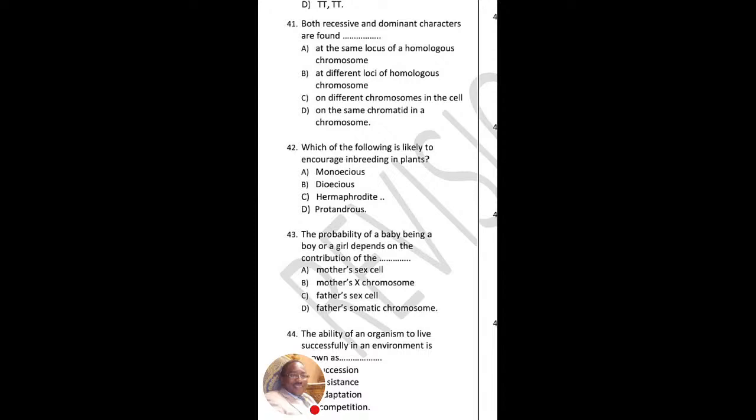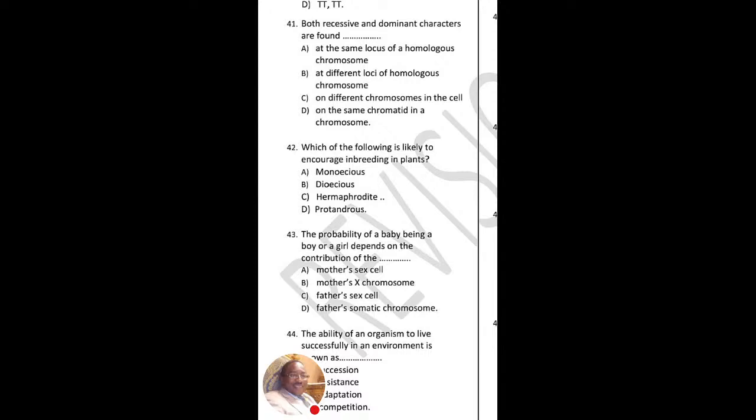So when you look at what we are dealing with here, you will notice that the monoecious plant that has both male and female flowers on a single plant is the one that can actually carry out inbreeding. That is why the answer is monoecious.